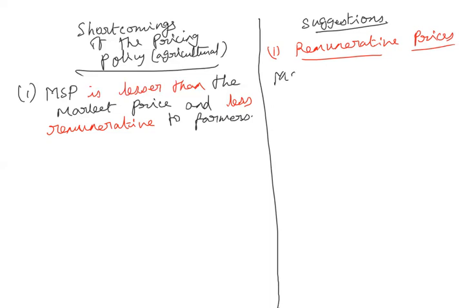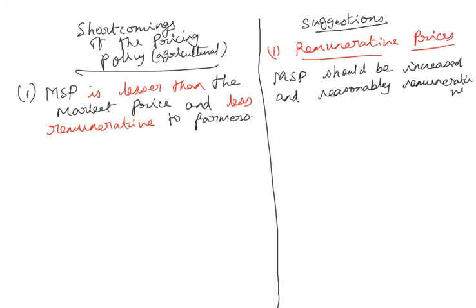So MSP should be increased and it should be reasonably remunerative to farmers. Actually, the main idea is it should be able to maintain the subsistence level of living for the farmer and his family, isn't it? So it should be reasonably remunerative to the farmers.